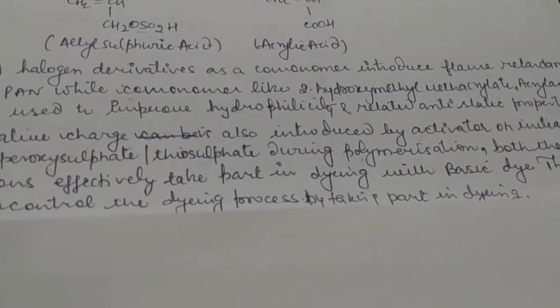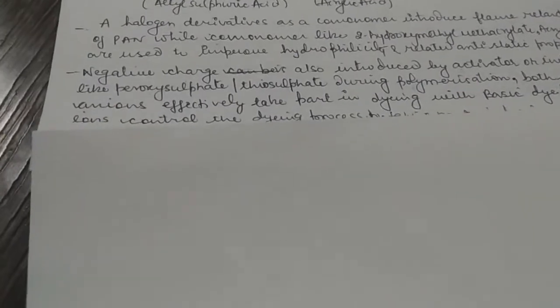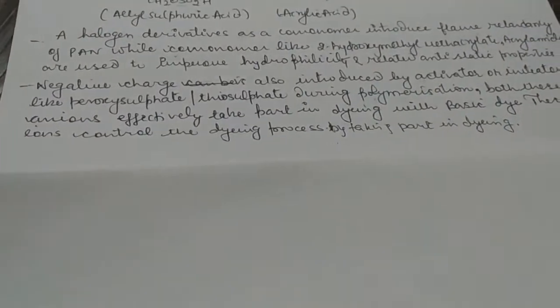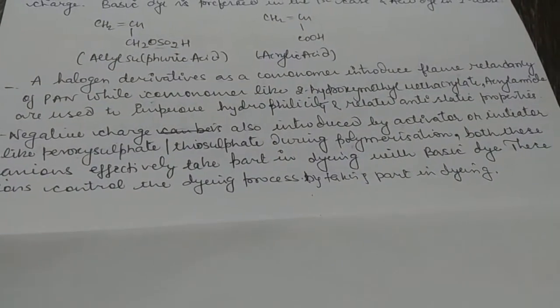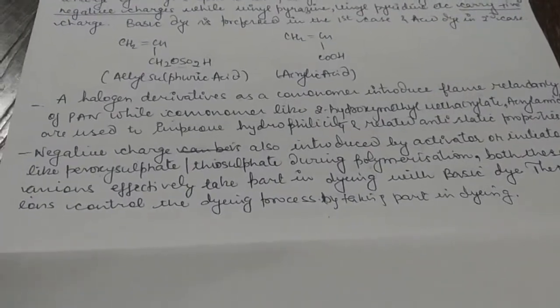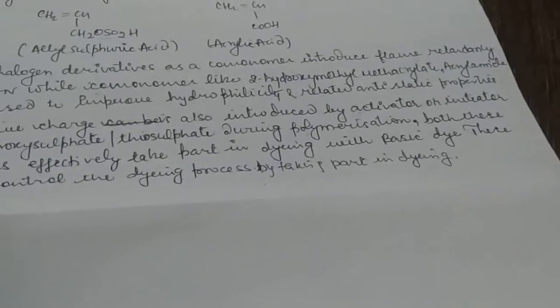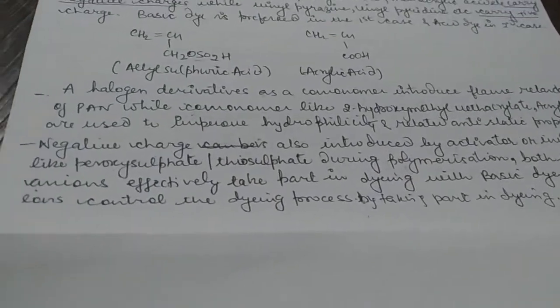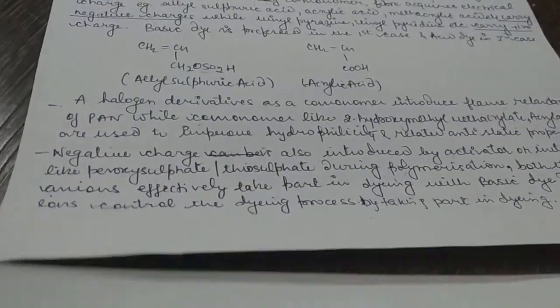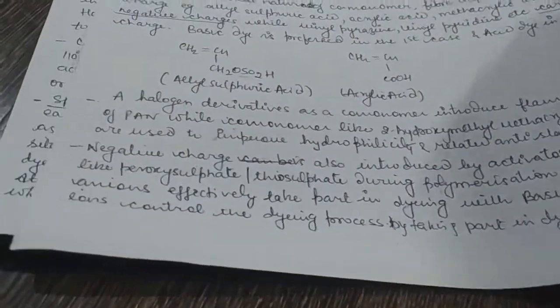Both these anions effectively take part in dyeing with basic dye, and these ions control the dyeing process. So by adding a comonomer, depending on its electrical nature, the dyeing of acrylic fiber can be controlled.